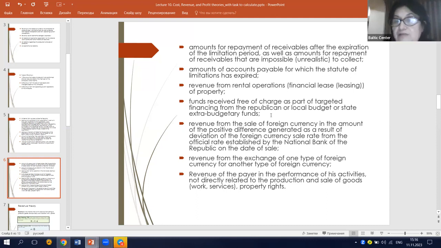Revenue from the sale of foreign currency in the amount of positive difference generated as a result of deviation. Deviation – это отклонение, да? Вот from foreign currency sale rate of the official rate. Вот курс валюты тоже играет, да? То есть он тоже имеет место, да, здесь действует на систему, да, доходов.